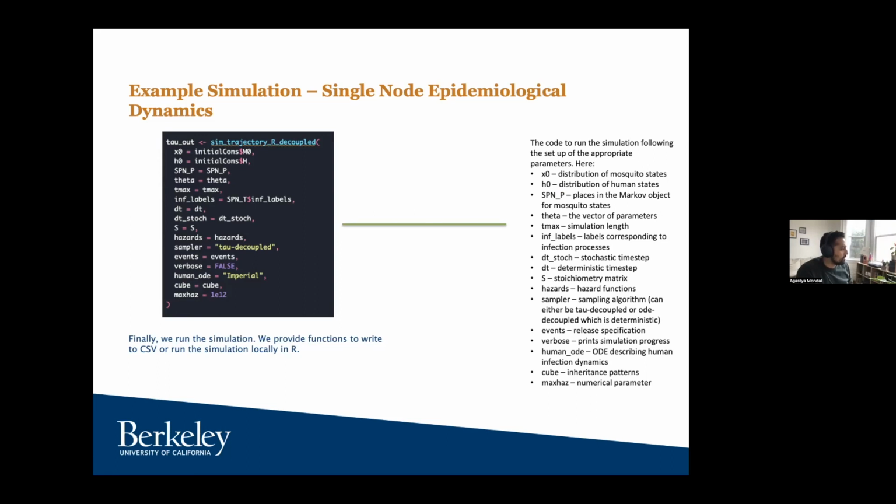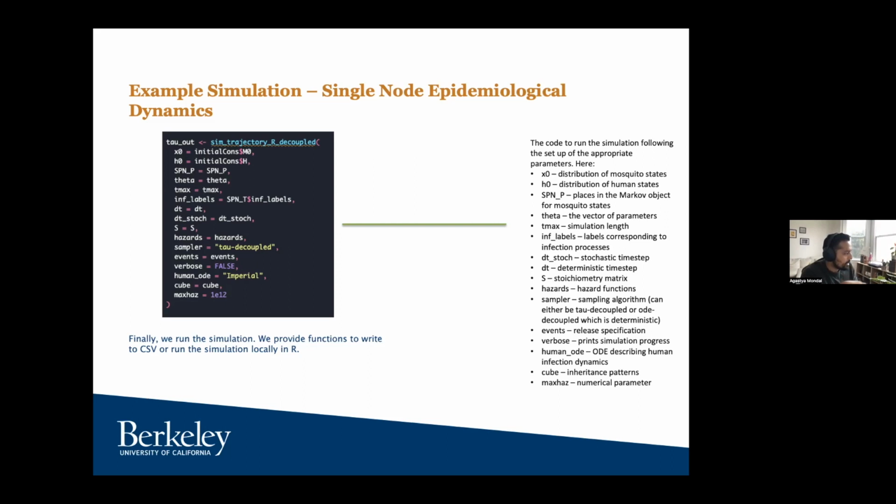If you want to do stochastic repetitions, there's a way to do that using the CSV function where you set up as many different stochastic repetitions as you want, and then there are a couple of additional functions that will calculate the mean and the quantiles of those stochastic simulations.